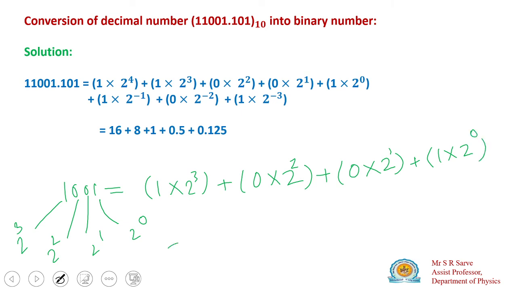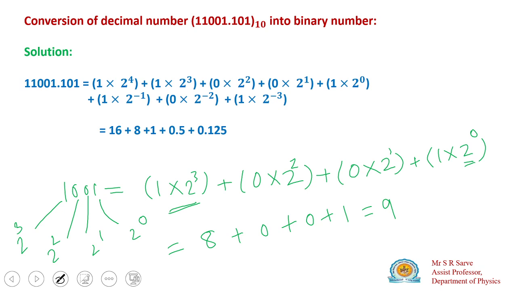So this term gives you 8, since 2 cubed is 8, and 8 into 1 is 8. The next terms give you 0. Then 2 raised to the power 0 means 1, as any quantity raised to the power 0 is 1, and 1 into 1 is 1. So this corresponds to 9.